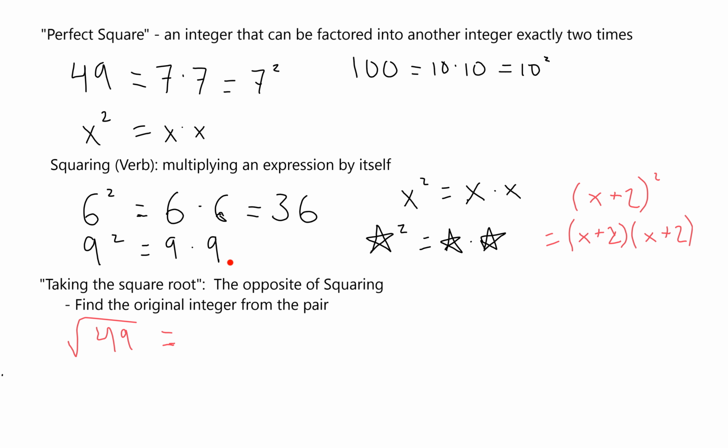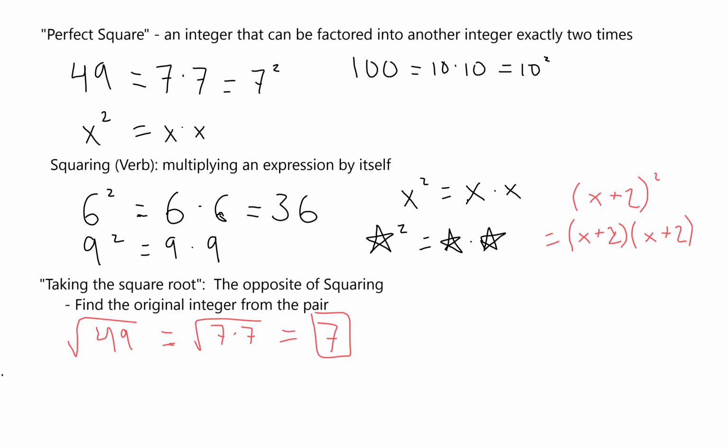We kind of just know that the square root of 49 is 7, but the reason for that is because we can break down 49 into the same number twice, just like I did up here. Since we found a pair of 7s, we can conclude based off of this pattern that the square root of 49 is 7. That's the reason the square root of 49 is 7, because we found a pair of 7s to multiply back to 49.